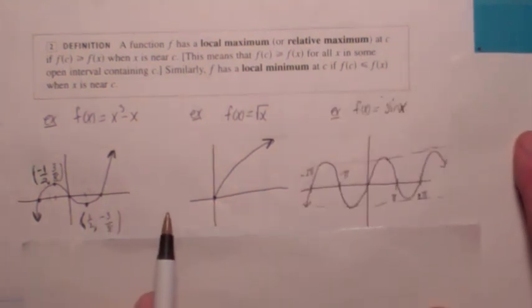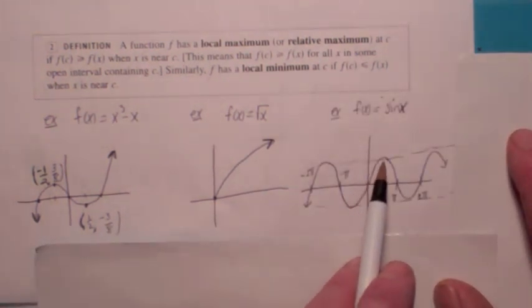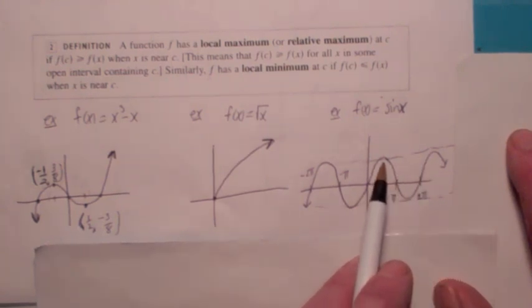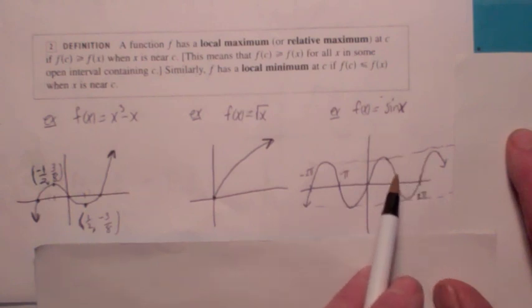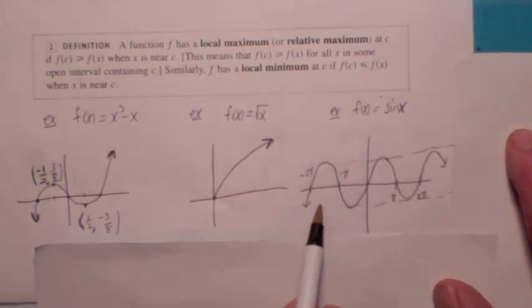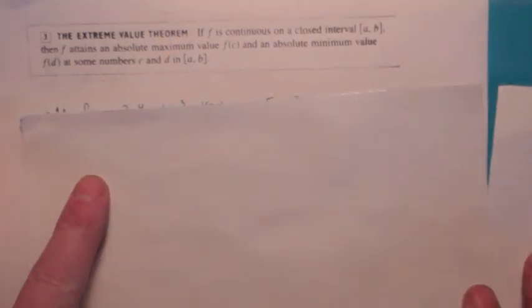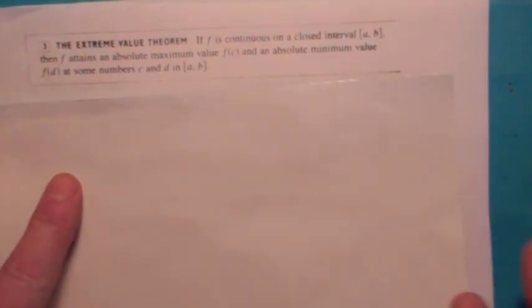How about sin x? Well, we are going to have a local max at 1, which notice it reaches infinitely many times. Local minimum is going to be -1, which it also obtains infinitely many times. By the way, those are also absolute max and min. Okay, an important theorem in this section is what's called the extreme value theorem.